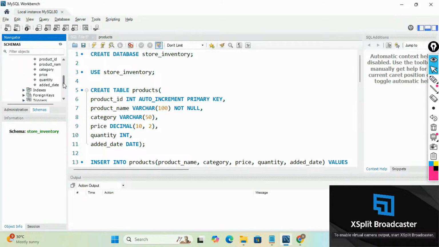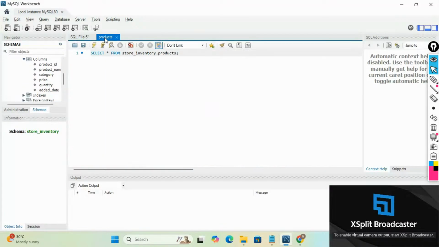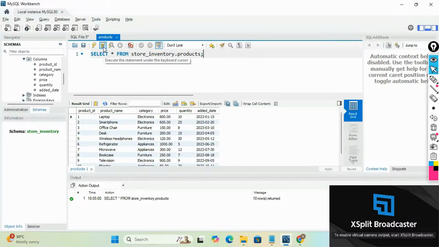This is how we get the columns list. If not, execute the select query, and you will get the data anyhow. Either of these two ways works. Fine.